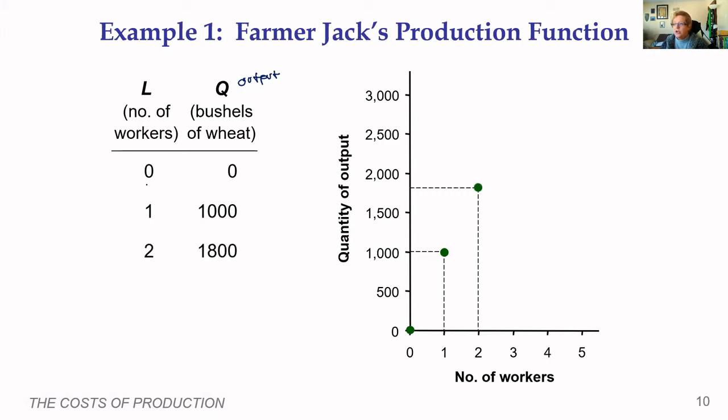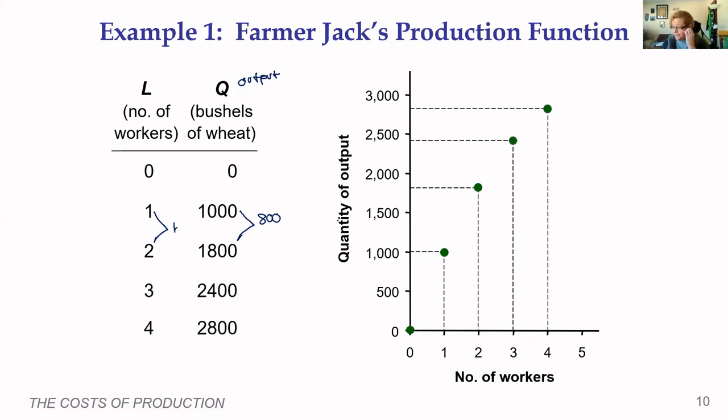The second worker gives us 1,800. So you might be thinking, well, what's the marginal product of labor here? When we hired this 1 worker, what was our increase? 800. Make sense? And then as we hire a 3rd worker, we get 2,400, 4, 2,800, and so on.